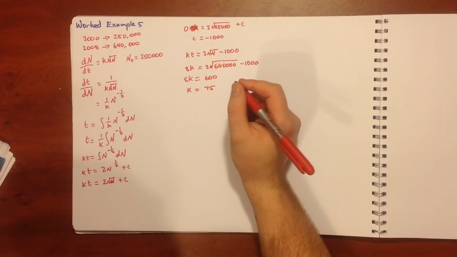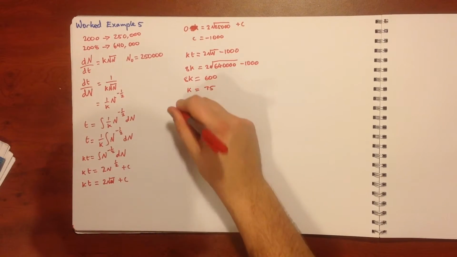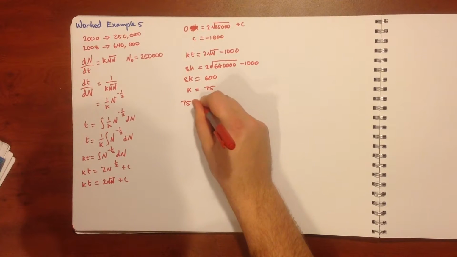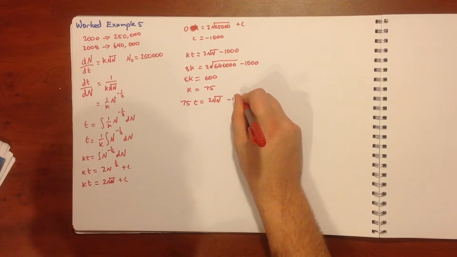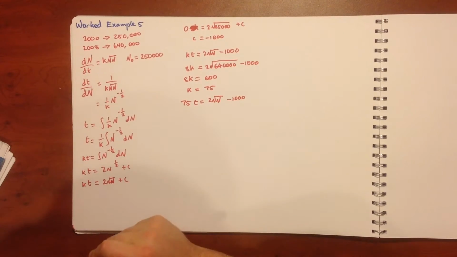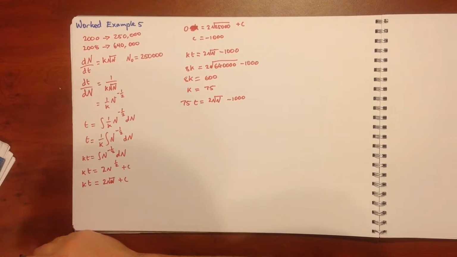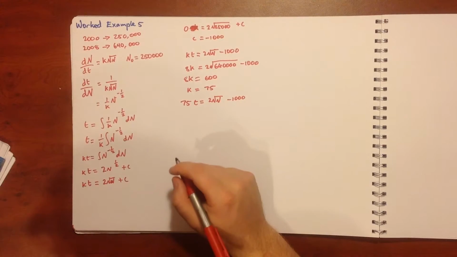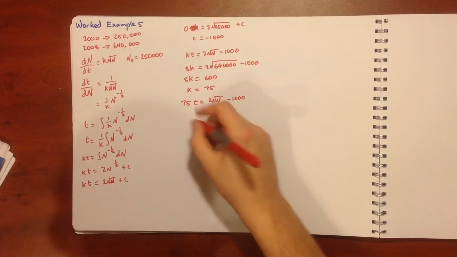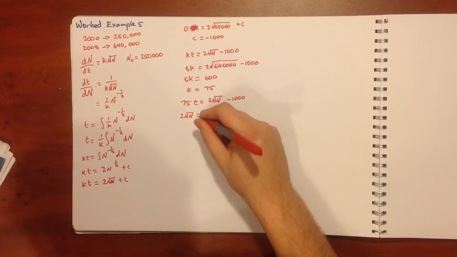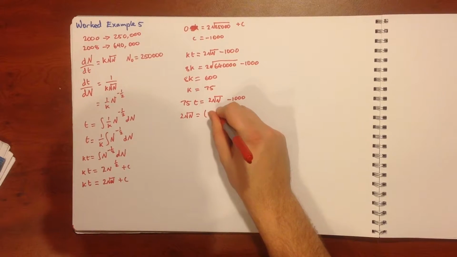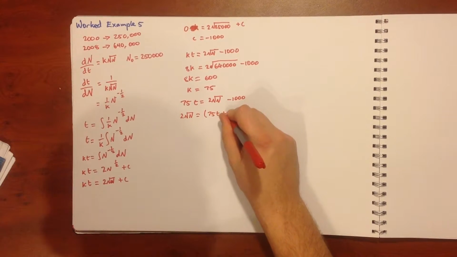That means our equation becomes 75t equals 2 times the square root of n minus 1000. What we need to do is keep rearranging this for n of t. So we say that 2 times root n equals 75t plus 1000.